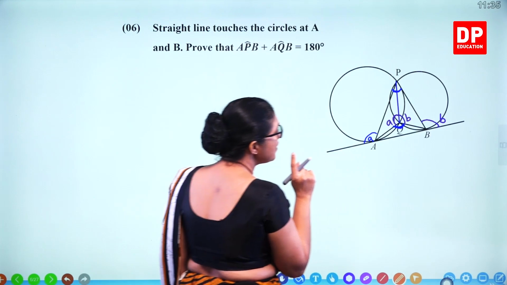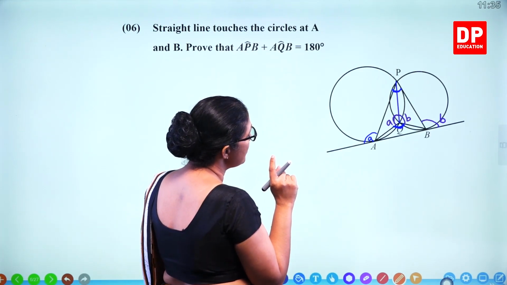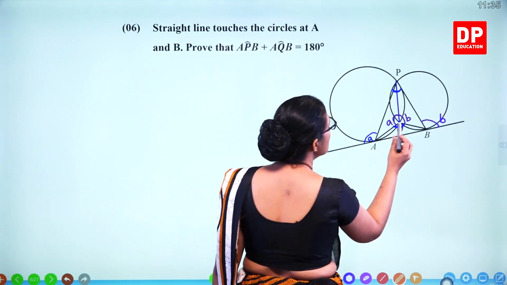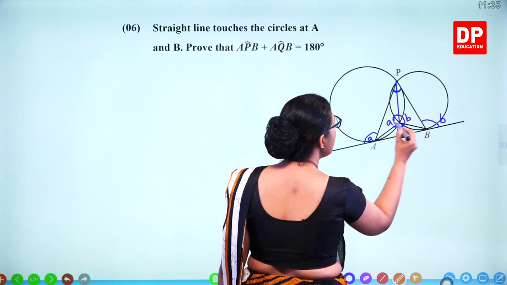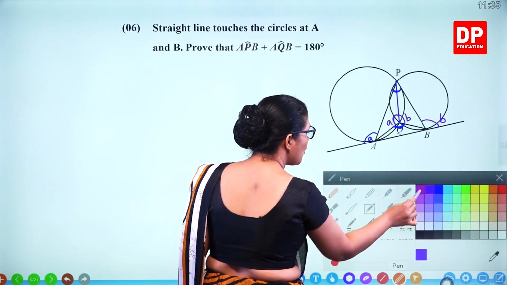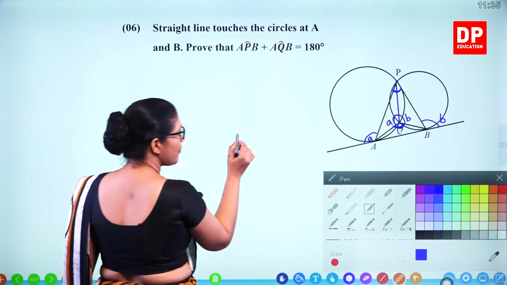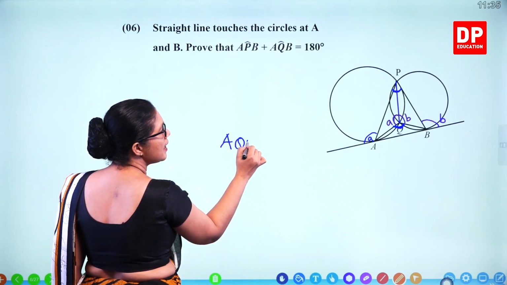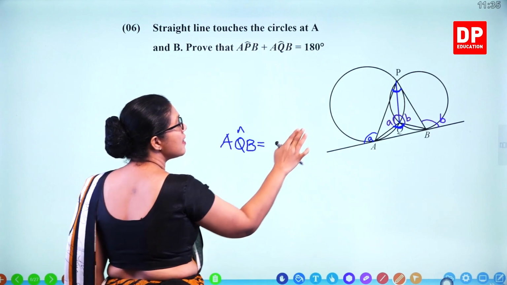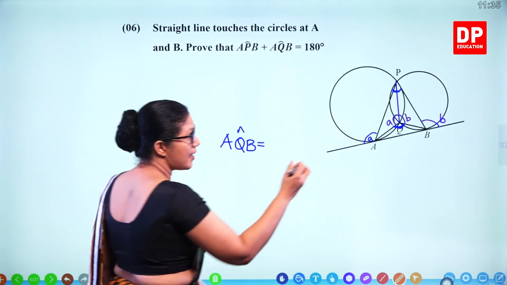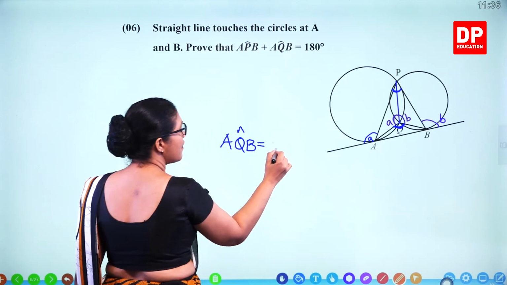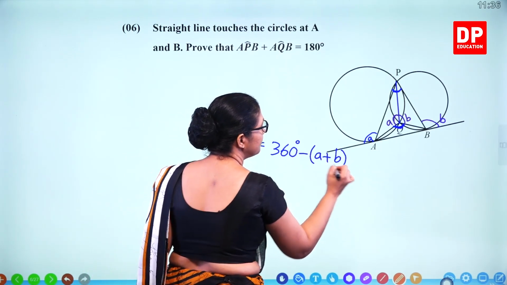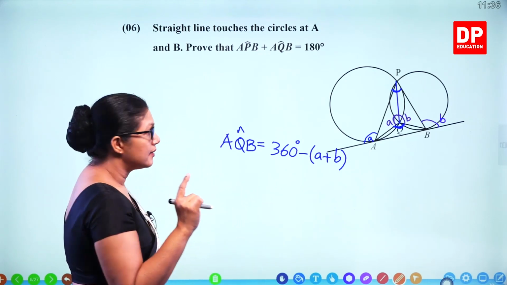And what are the other things you can write down? So we need AQB. We can straight away find AQB: 360 is the angle around this point, so 360 minus A plus B. That's this angle.